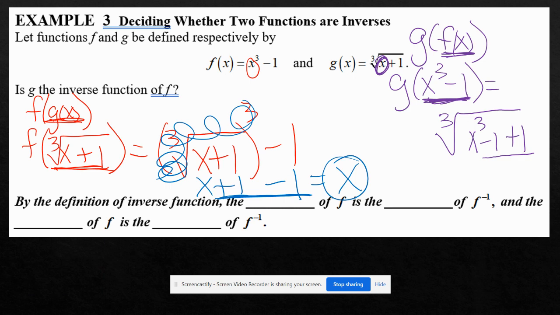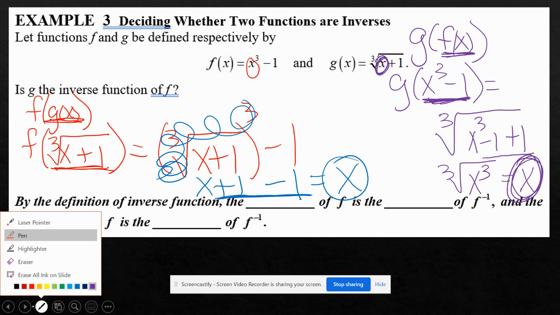Combine like terms, we have negative 1 plus 1 is 0. That leaves us just x cubed underneath there. And like we just said, the third root of a third power, those are exact opposites and undo each other and simplifies to just x. This is how we say that yes, these two are inverses of each other.